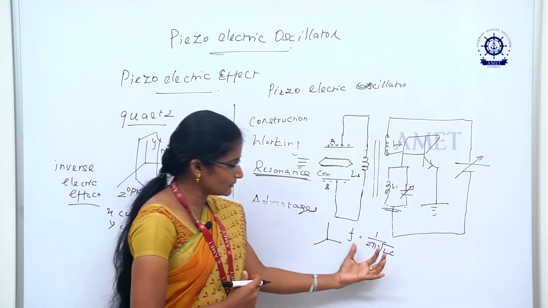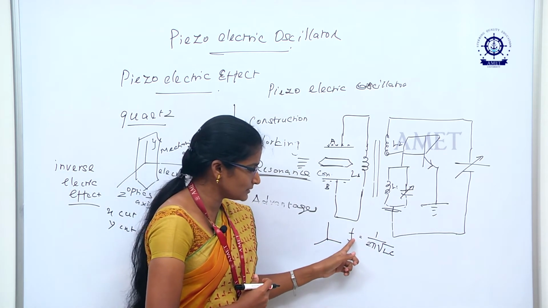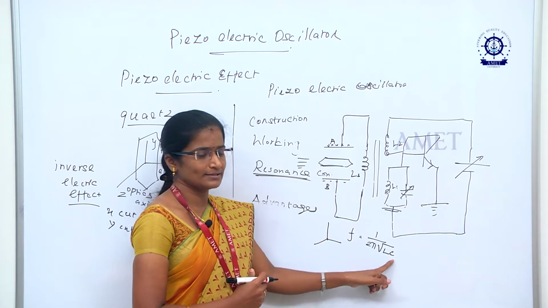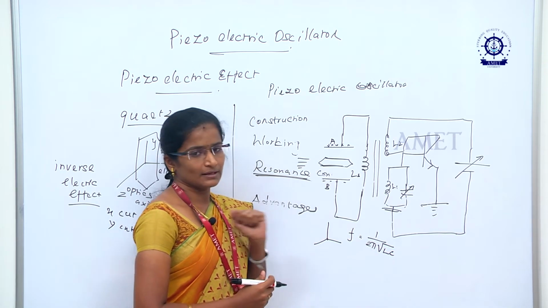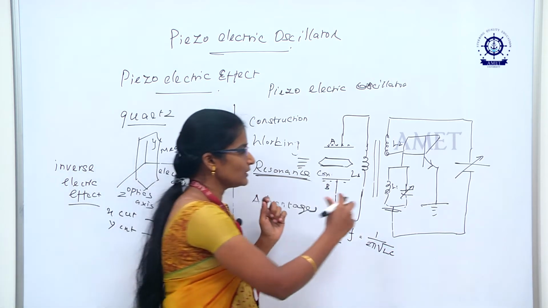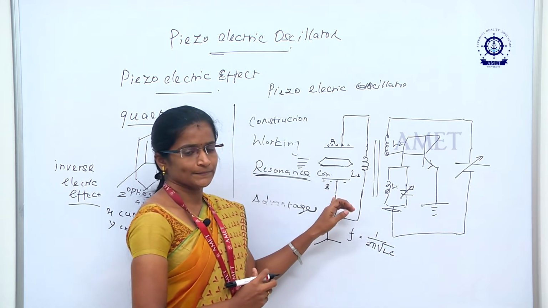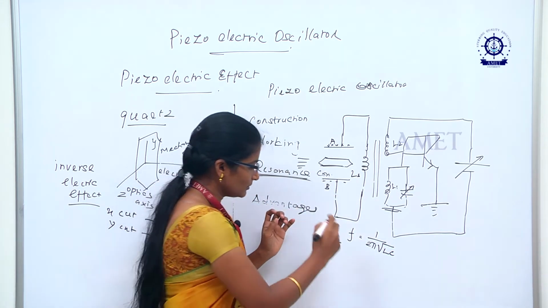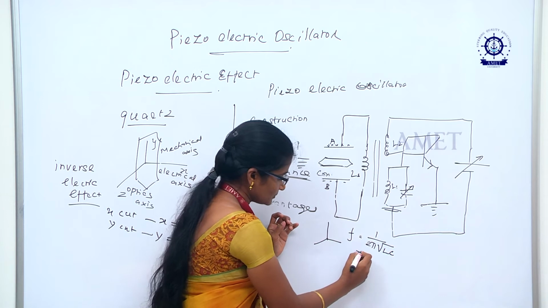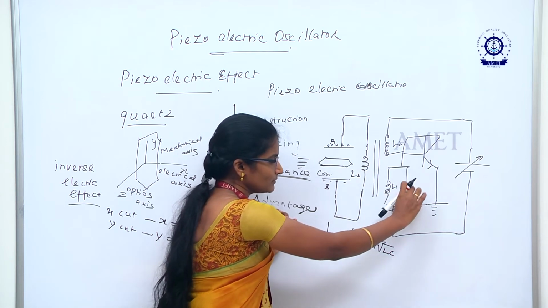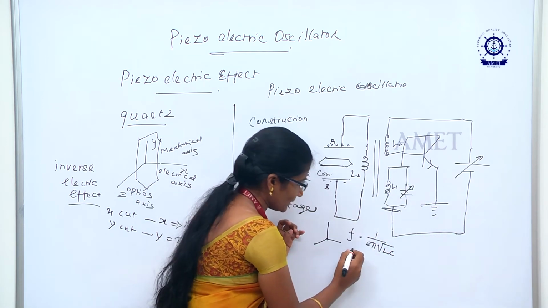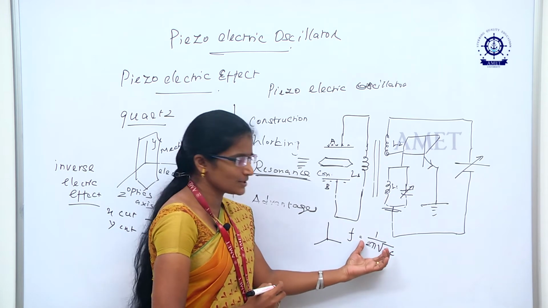At that time, the frequency of this oscillator circuit is F equal to 1 by 2 pi square root of LC, where L is the inductance and C is the capacitance. Then we adjust the value of the capacitor. As we adjust the value of the capacitor, the frequency also changes.